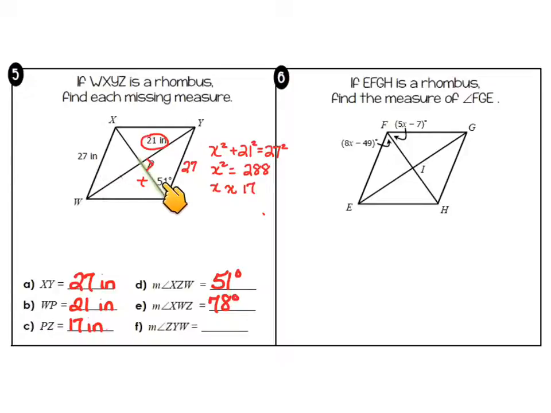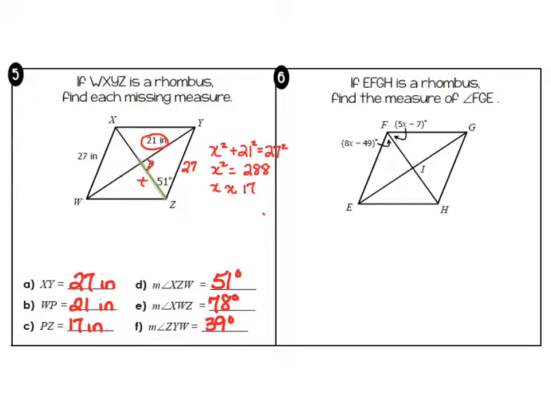Alright, so if this is 51, this is 51, so this whole thing is 102. So this would be the supplement, because consecutive angles are supplementary. So that's where the 78 came from. And then half of that angle is 39. So ZYW is looking at the half of this.